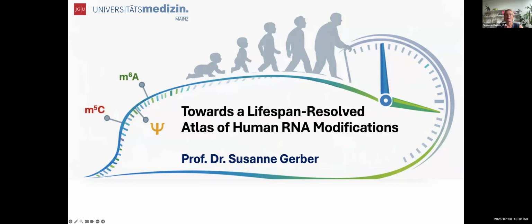So I would like to start my presentation with a little provocative question. If I asked you what a normal human epitranscriptome on a normal healthy human looks like, so the landscape of chemical modifications on the RNA, could anyone give at least even a vague answer?